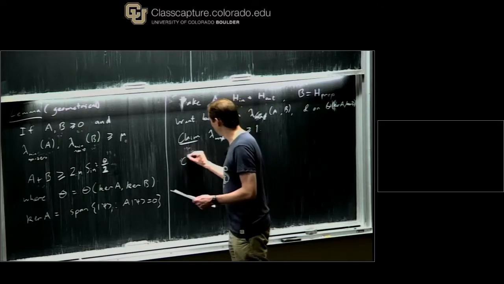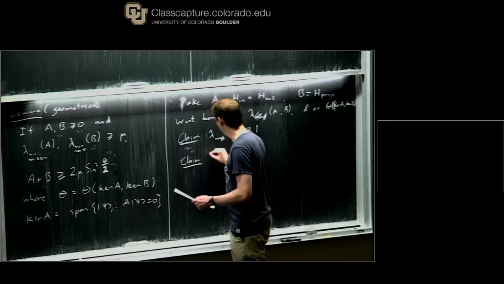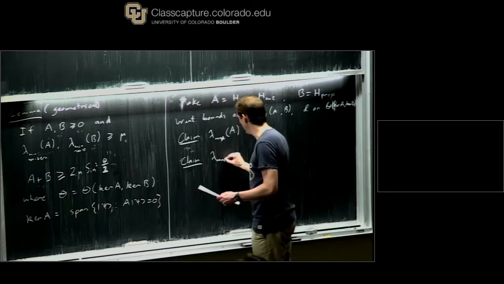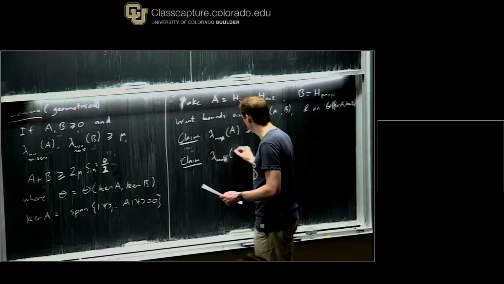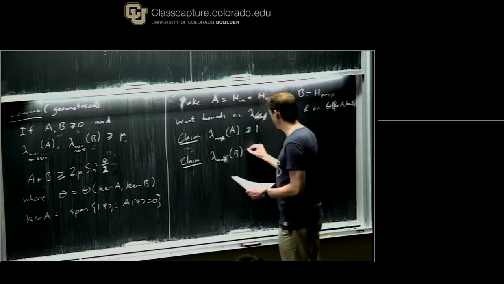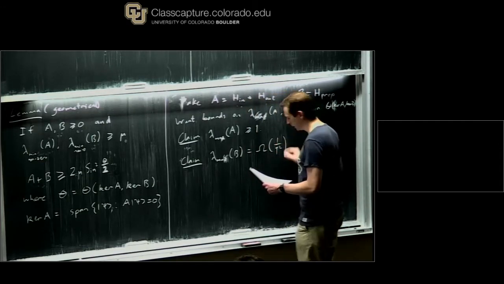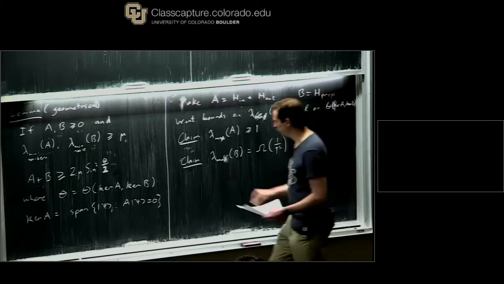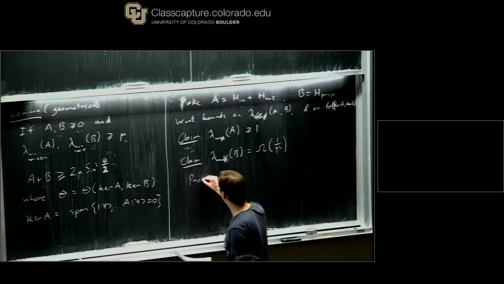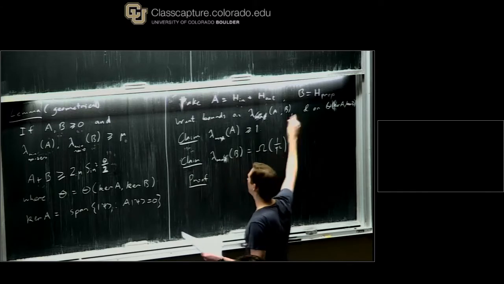I claim that same thing, the minimum non-zero eigenvalue of B, I claim that this is asymptotically lower bounded by 1 over t squared. Okay. How do I prove this? Remember, B here is H prop.